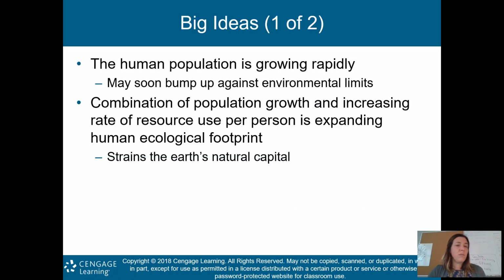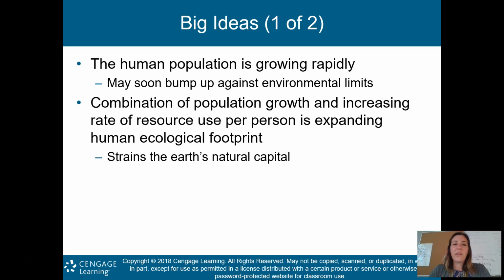Okay, so just wrapping up the chapter, the big idea is human population is growing very quickly, and that can cause environmental problems, and we might soon be meeting some tipping points and environmental limits.